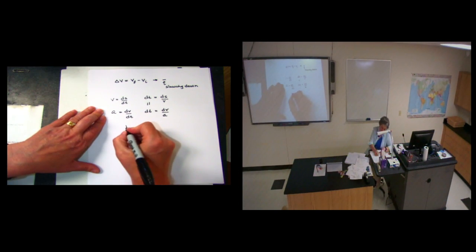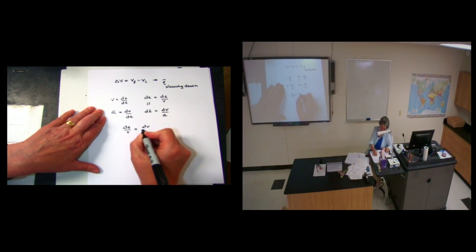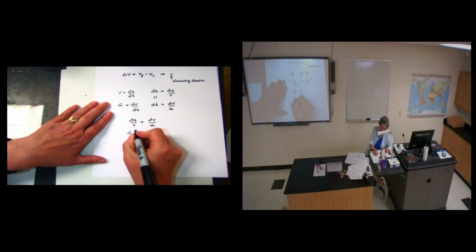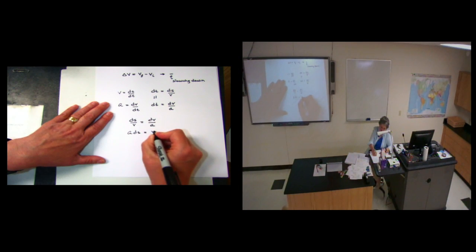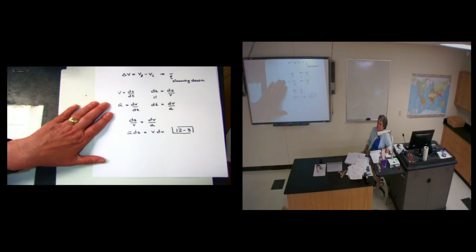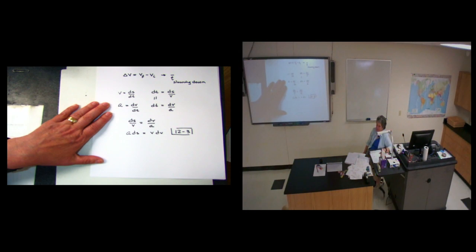Acceleration can have a time curve. Acceleration can have something else. But if acceleration is a constant in this case, we can do the integration and we get v final minus v initial is equal to my acceleration, which is a constant, and that's why we use the little c to show that. And now I get v final is equal to v initial plus acceleration times time, which is the kinematic equation we've known and loved.